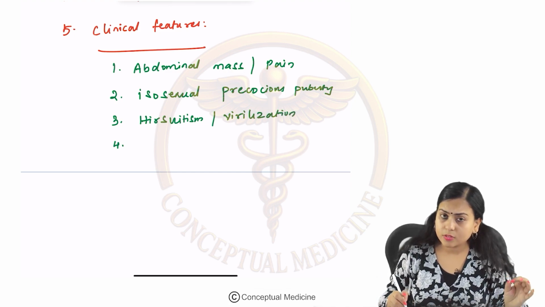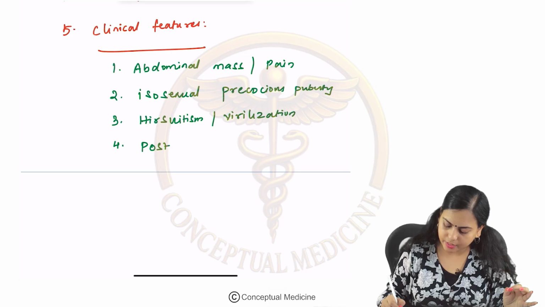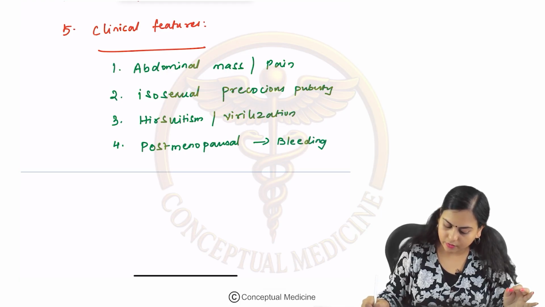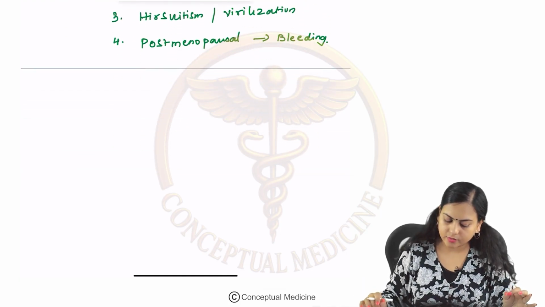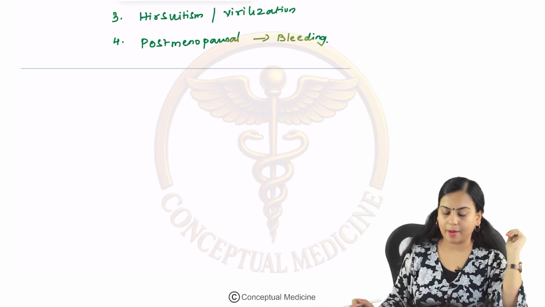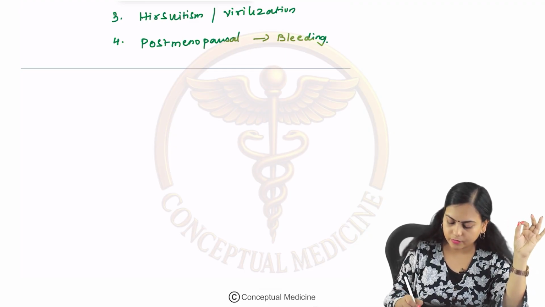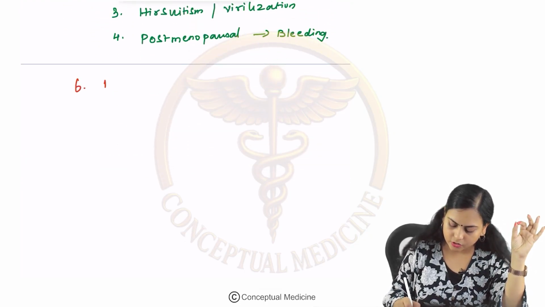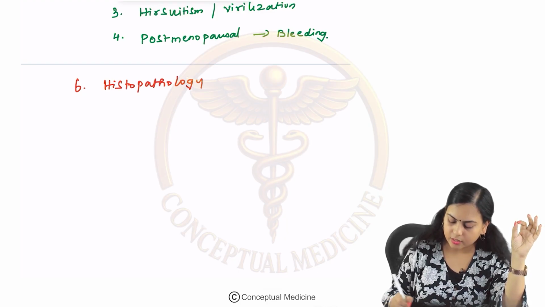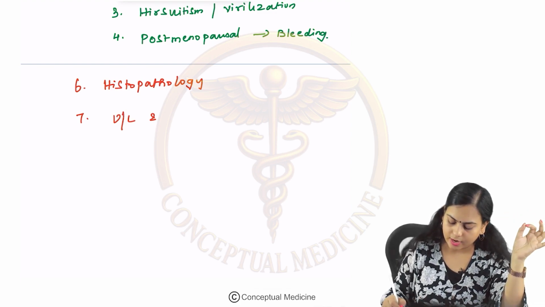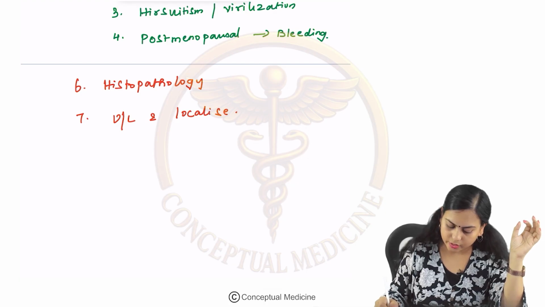And postmenopausal women will be presenting with bleeding because of androgen excess. So all these things can happen, right? Now, the final diagnosis of this tumor should be made by histopathology. And remember, most of these tumors have an indolent growth and they are unilateral and localized tumors.